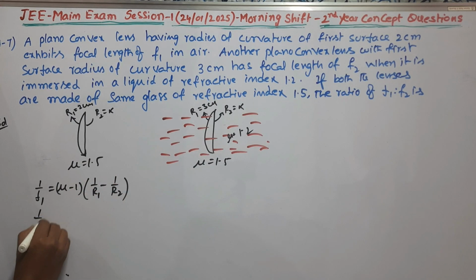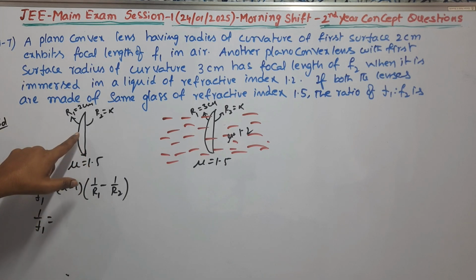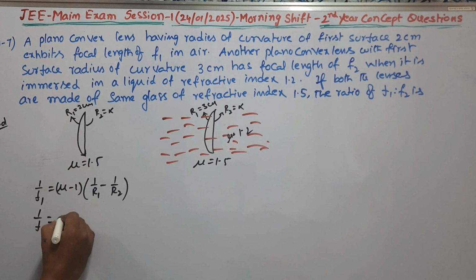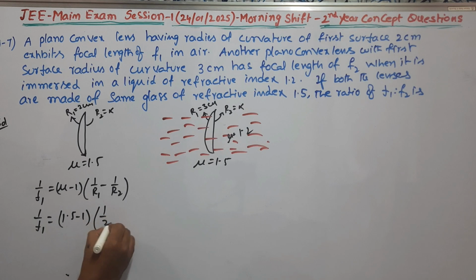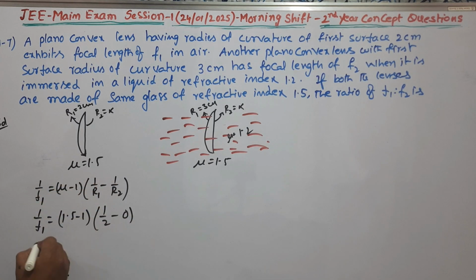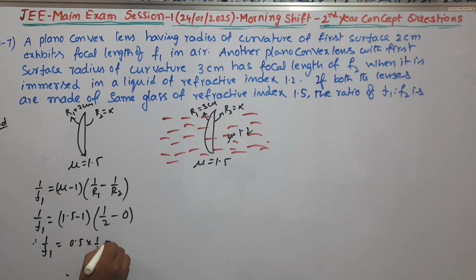Here 1 by f1 is equal to, what is the refractive index of this glass? 1.5 minus 1 into 1 by 2 minus 0. Why? Because 1 by infinity is equal to 0. Therefore, you get 1 by f1 is equal to 0.5 into 1 by 2.